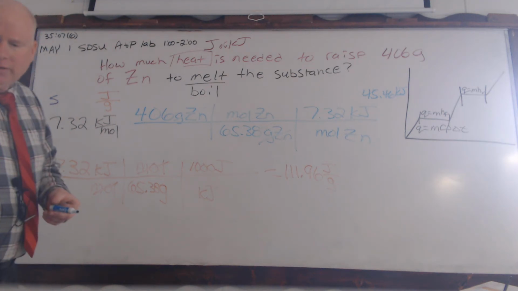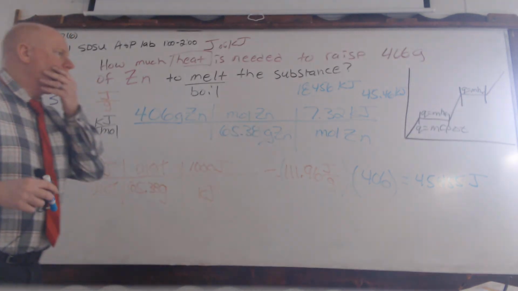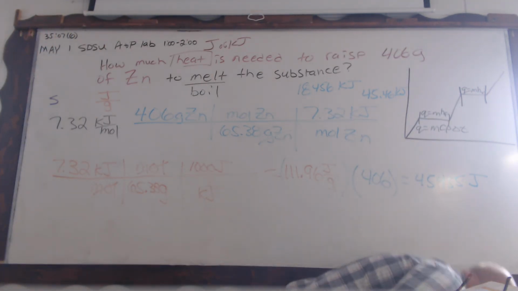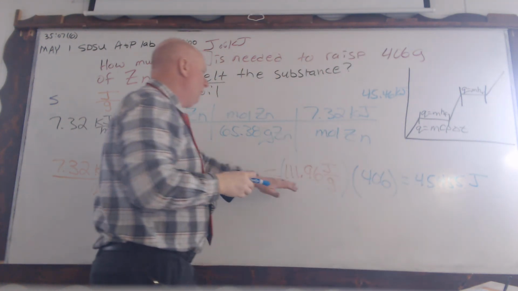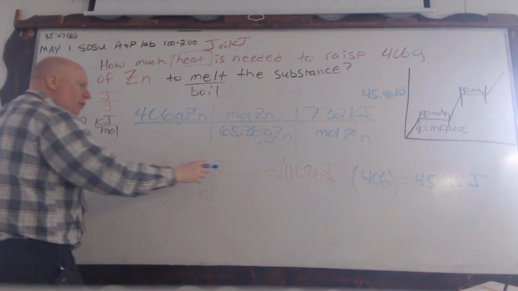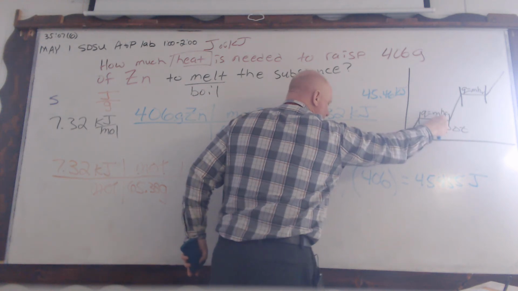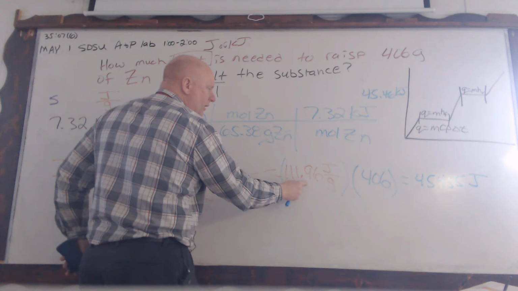I'm going to hit pause here for just a moment. Okay, sorry for the confusion there. What happened is I forgot to multiply by the mass that we started with. So should you decide to go to joules per gram, you're taking the mass times the heat of fusion. Here we calculated the heat of fusion as 111.96.